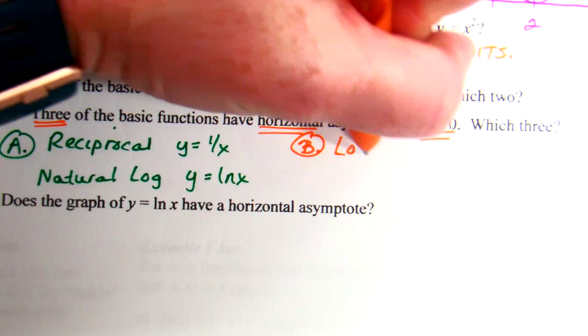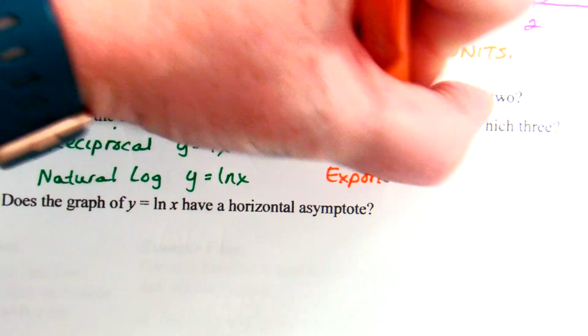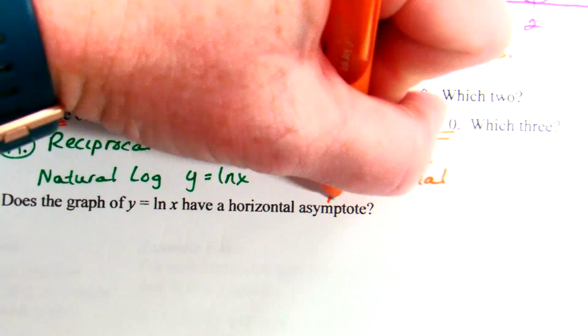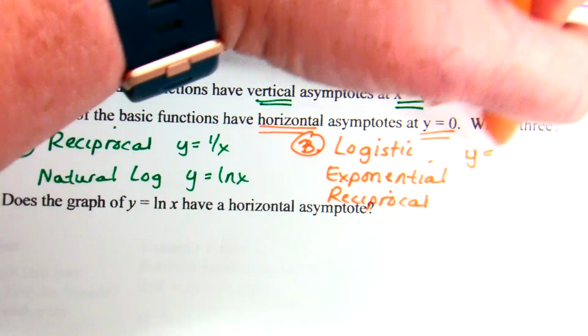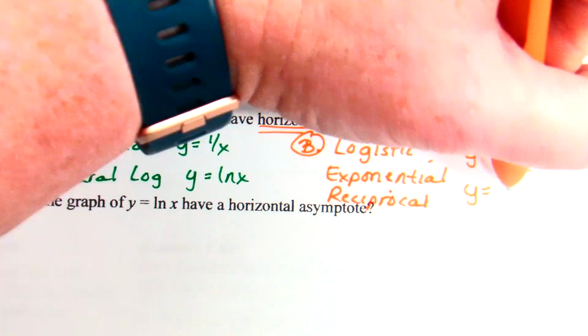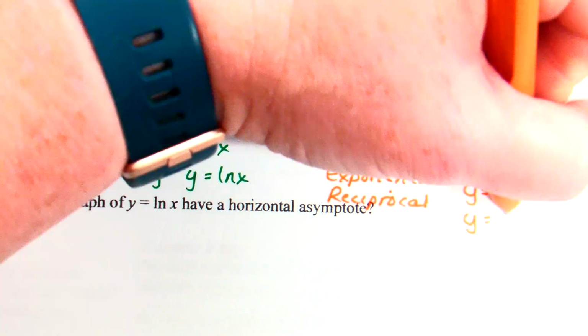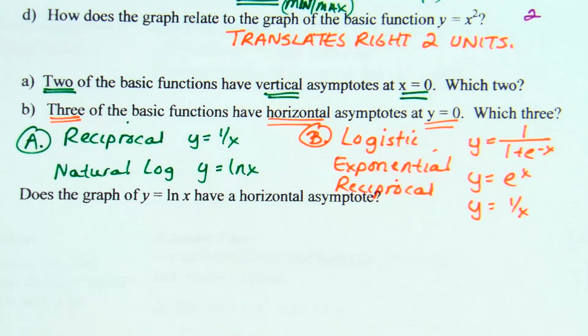So logistic is y equals 1 over 1 plus e to the negative x. Exponential is y equals e to the x. And reciprocal is y equals 1 over x. Okay, are we getting it? Got the idea here?